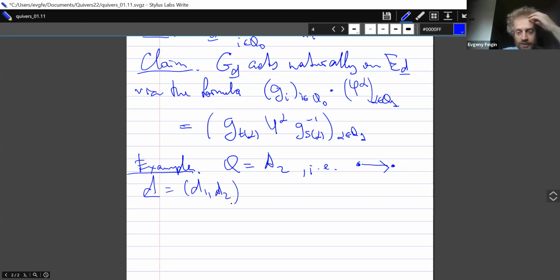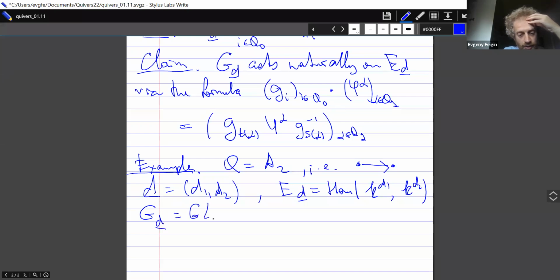So this is our dimension vector. Then E_d is nothing but the homomorphism space from k^{d1} to k^{d2}. Now we want to study the action of GL(d1) and GL(d2). So this is our group.